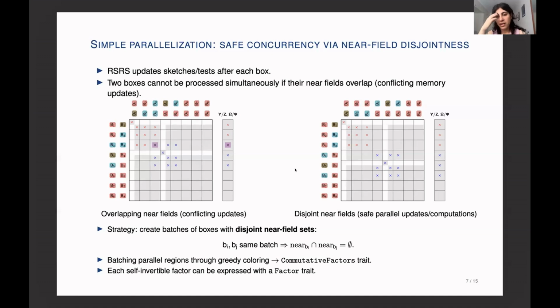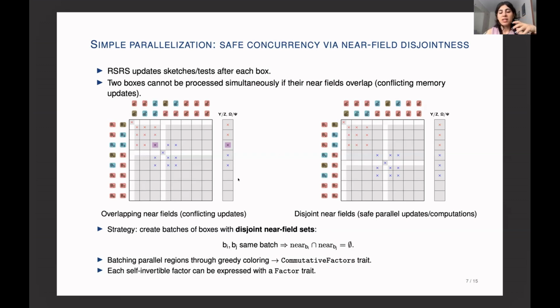So the second acceleration that we've implemented is Rayon acceleration. We realized that when you do RSRS, you need to update your matrix every time you compute a factor, but there are portions of the information that are independent of each other. The important bit here is that your near fields do not intersect.